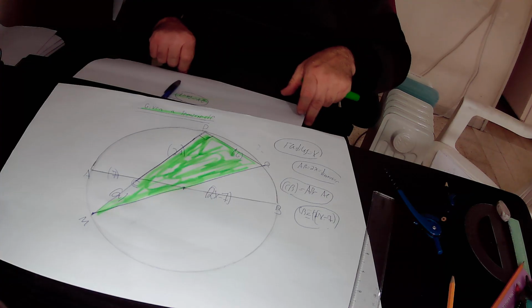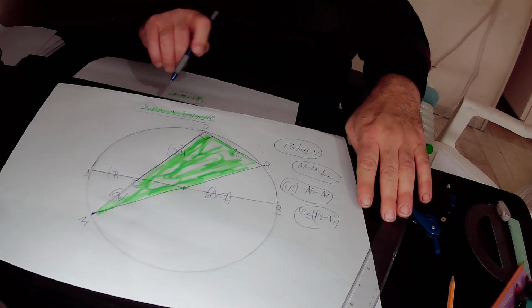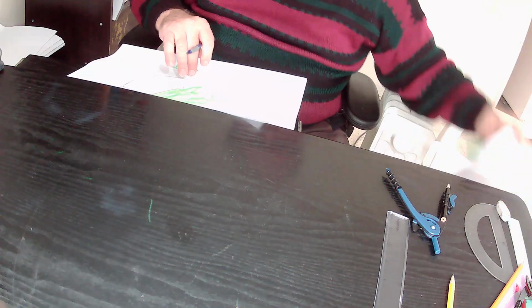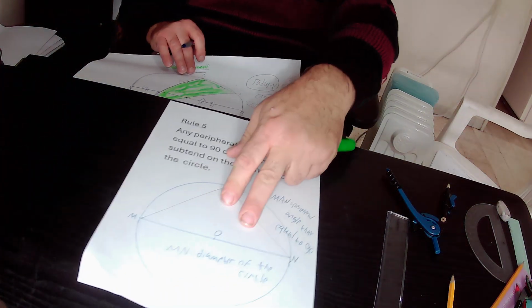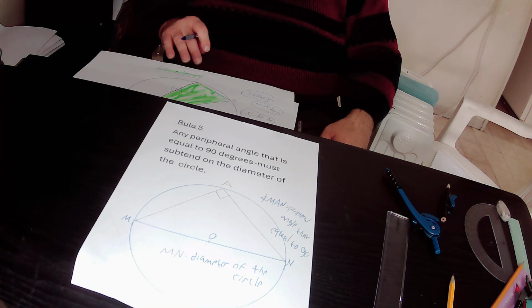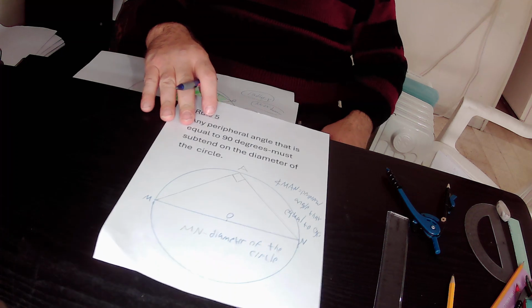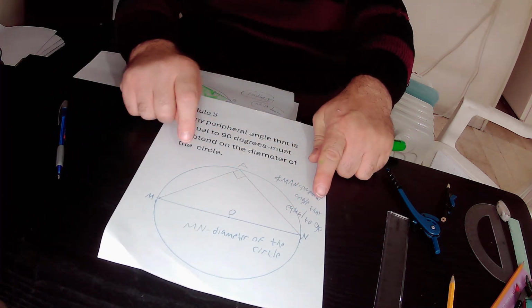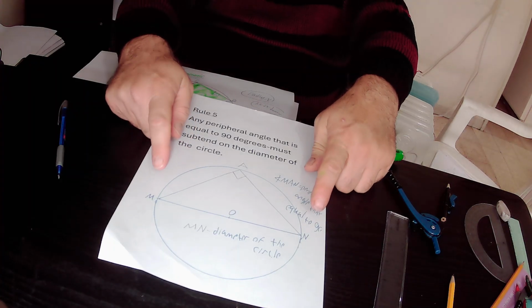So here we can implement rule 5. Let me repeat quickly rule 5. According to rule 5, any peripheral angle that is equal to 90 degrees in size must subtend on the diameter of the circle. So in the drawing we have a circle. This is peripheral angle MAN that subtends on chord MN.